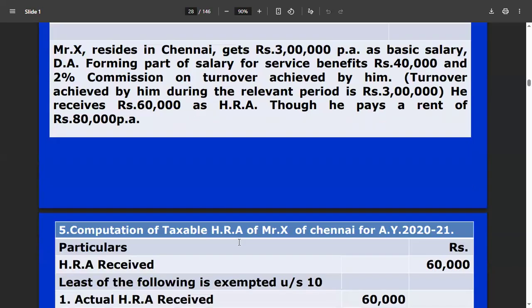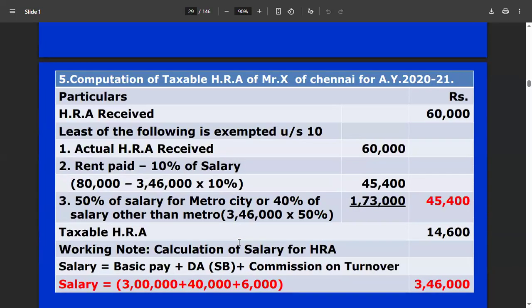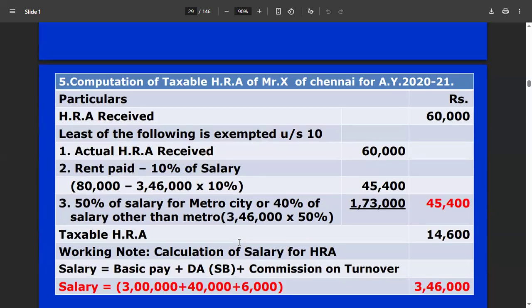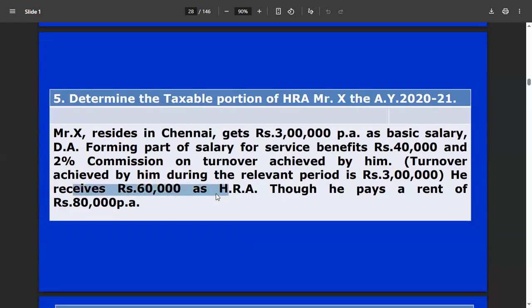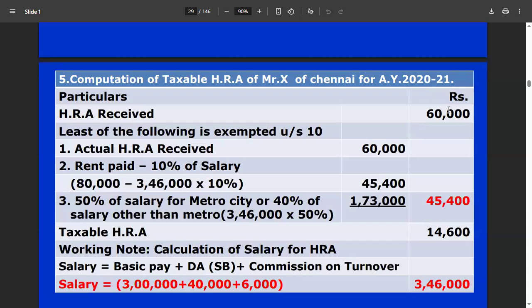So let me explain this concept. My HRA received is 60,000. Sorry, I forgot to read this line, so he has received the HRA 60,000. He has paid the rent 80,000.